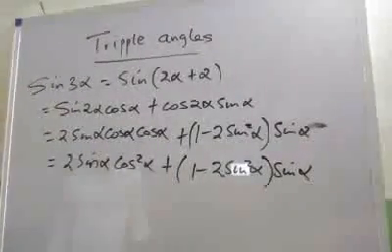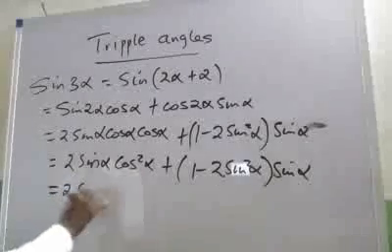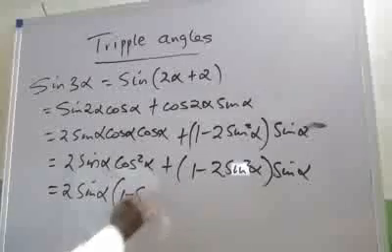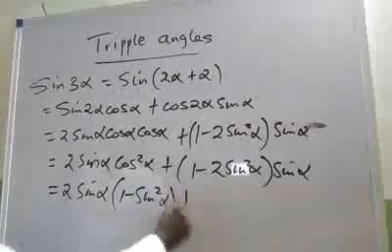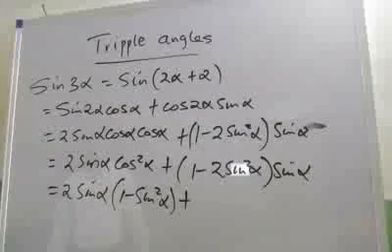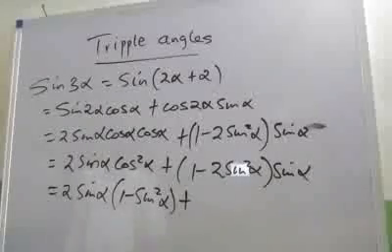If we take cos square alpha to be equal to 1 minus sine square alpha, this becomes 2 sine alpha times 1 minus sine square alpha, plus 1 minus 2 sine square alpha times sine alpha. Okay, let's open the brackets.